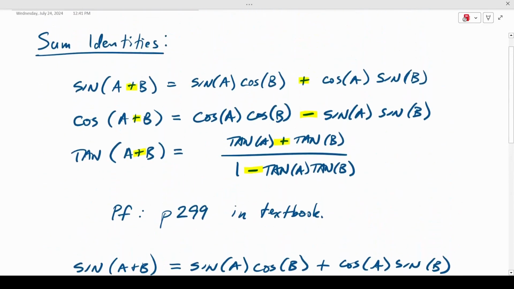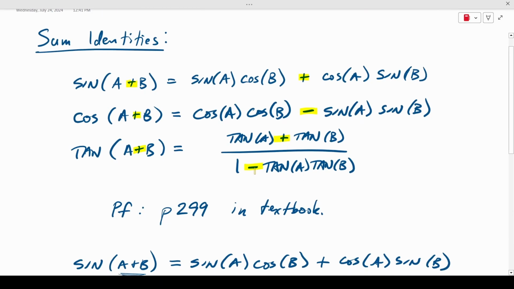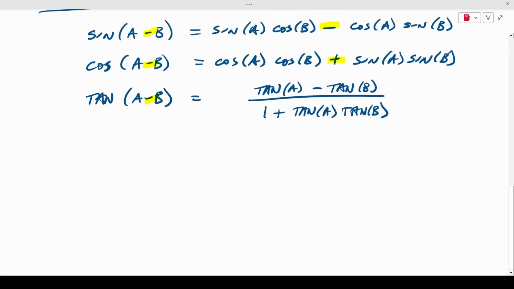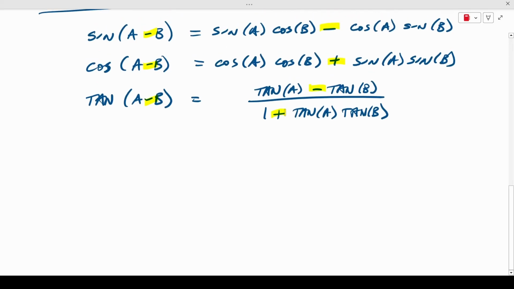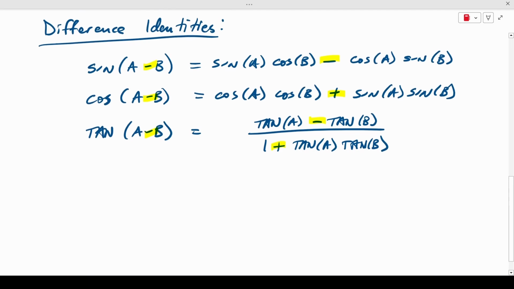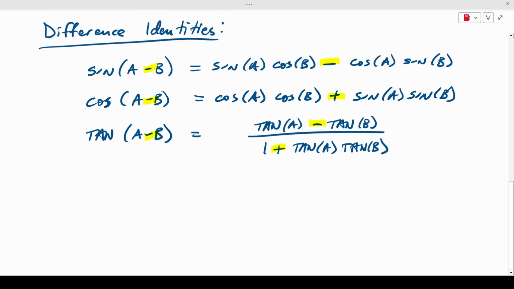And instead of having plus in the numerator and minus in the denominator for the tangent sum identity, we have minus in the numerator and plus in the denominator for the tangent difference identity. So three more identities very similar to the previous ones.